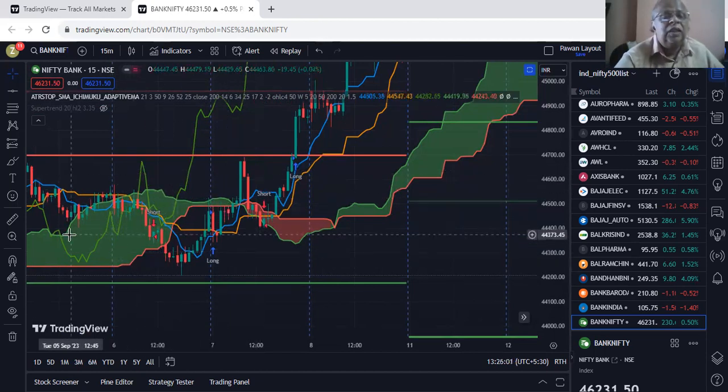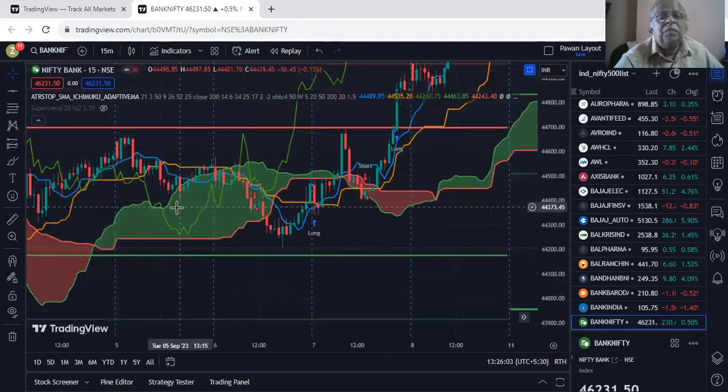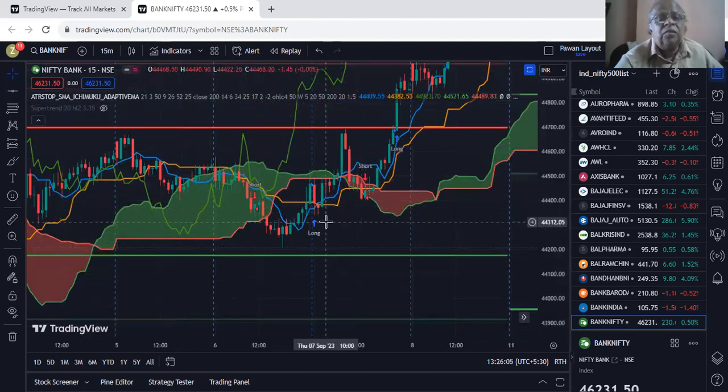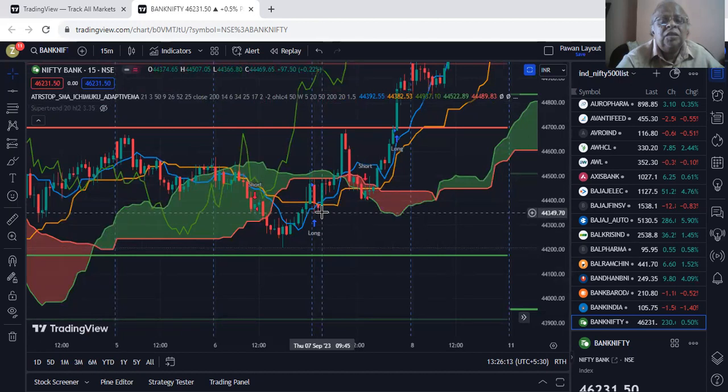So what conditions have to be met in case of this crossover? Tenkan-sen crossover below the cloud. In this case, identify the candle first. This is the candle.